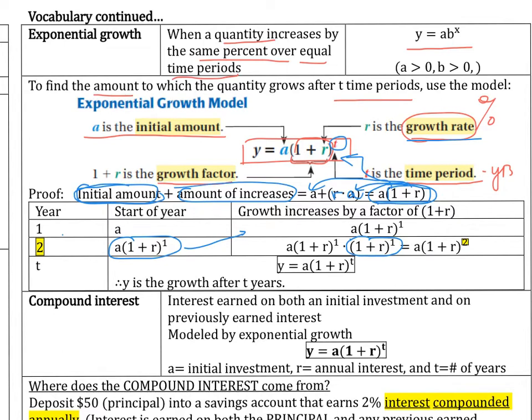So therefore, by using the product property, 1 plus 1 will give you 2. And therefore, for t years, we would get the formula y equals a times the sum of 1 plus r to the t power. Therefore, y is the growth after t years.